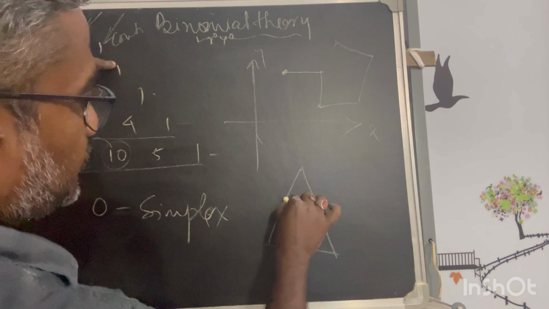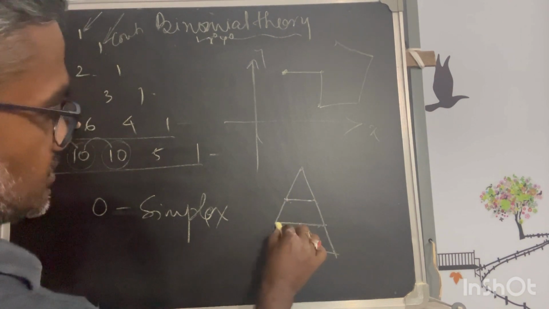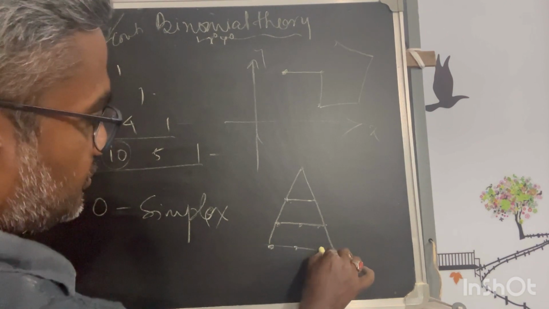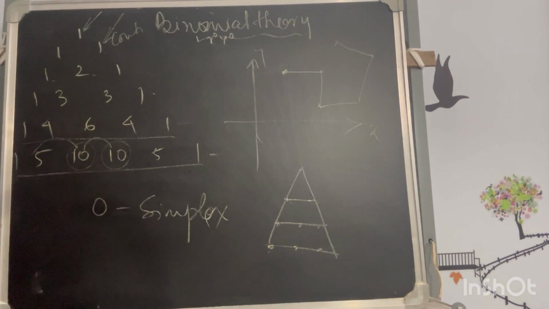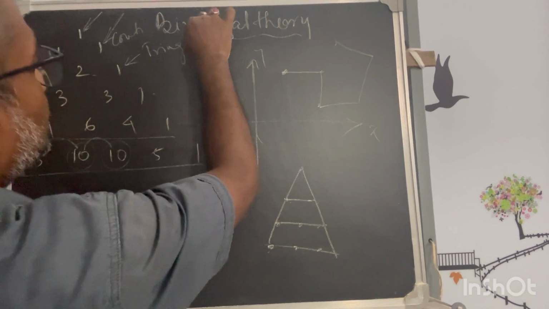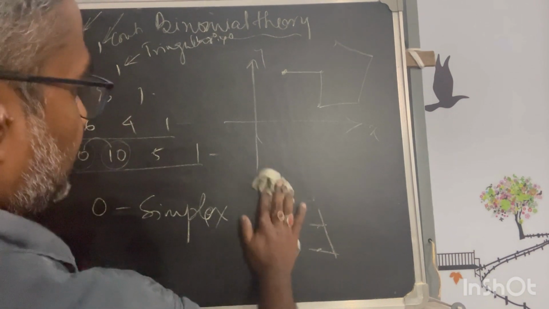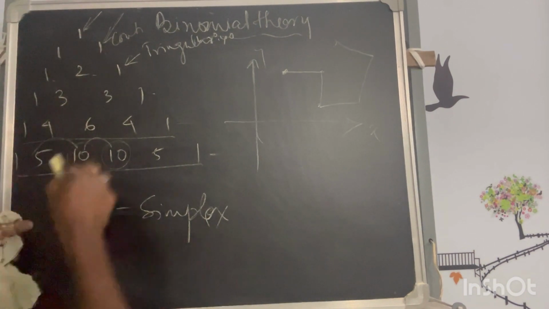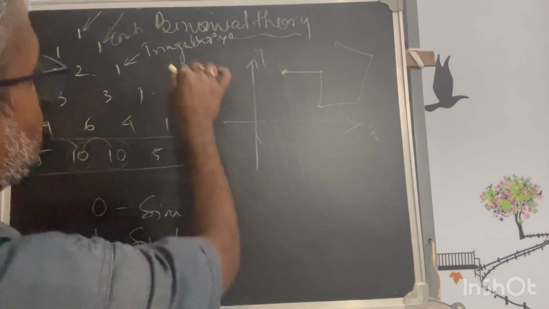So 1 plus 2 gives you 3, 3 plus 3 gives you 6, and 6 plus 4 gives you 10. So this is a triangular pattern, and its specific name is the triangular series. This is also called a one simplex.